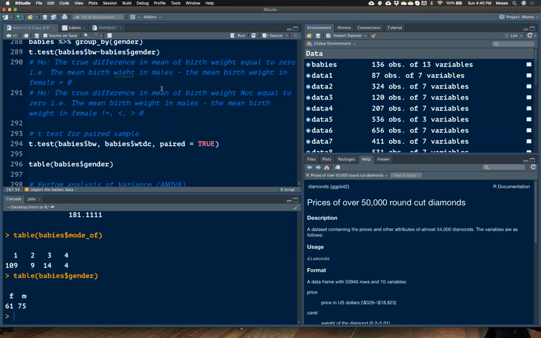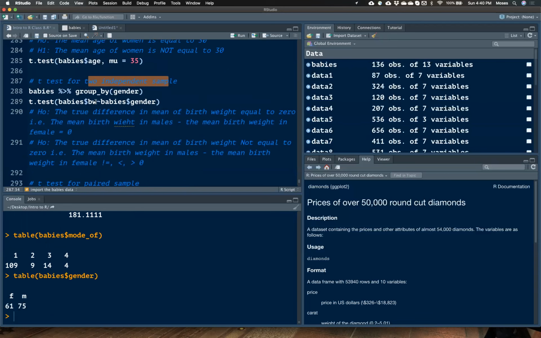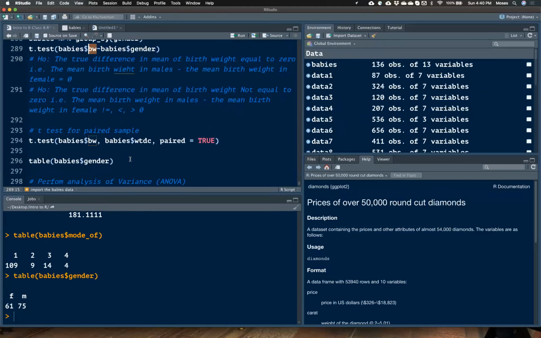Like here we are comparing birth weight among boys and among girls. How about if you are comparing birth weight among a variable that has 3 or more categories? In that context, you use analysis of variance. The null hypothesis and the alternative hypothesis will be pretty much the same.